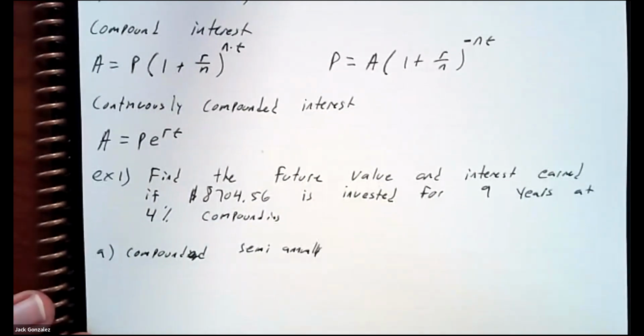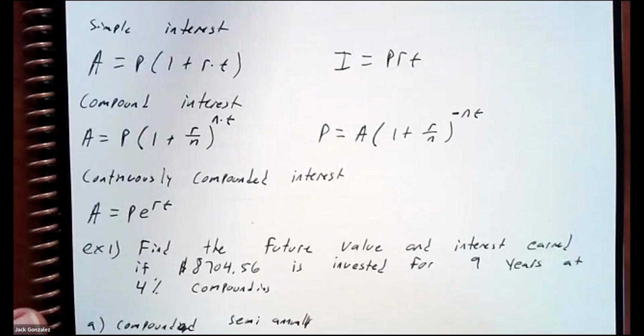So do part A. A lot of stuff. What is that? We have to find interest earned? Interest earned if $8,704.56 is invested for 9 years at 4%.